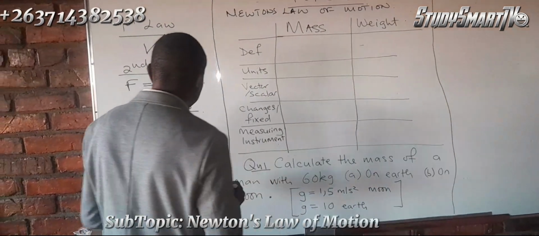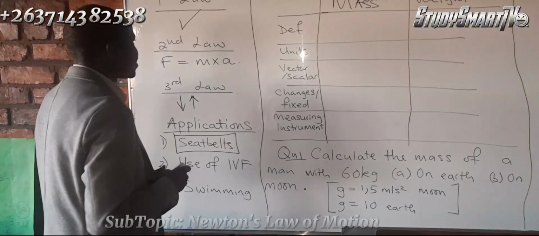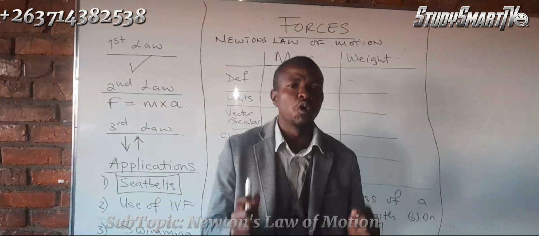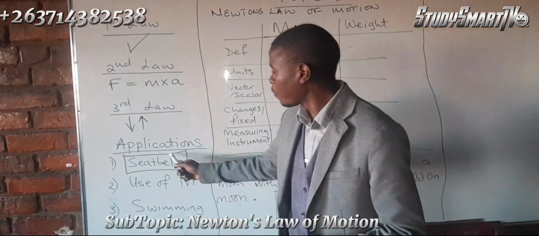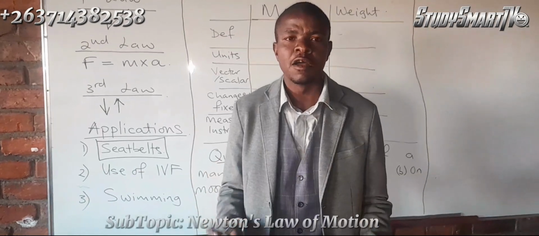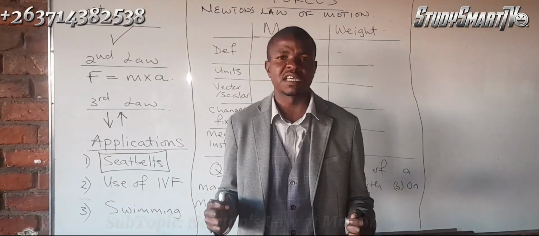Then we have an application for seat belts. This is the one that represents law number 1. Whenever we are wearing a seat belt, we are moving within a car. What is happening when I'm in a car moving at 180 kilometers per hour?